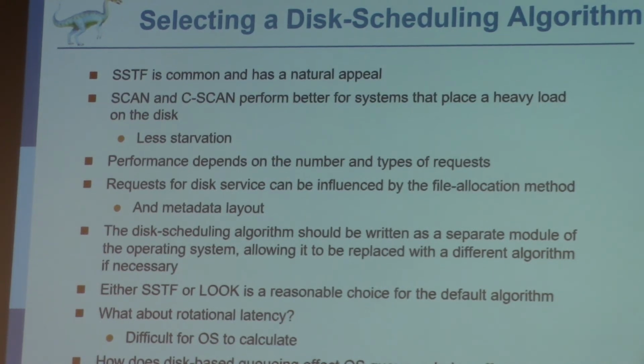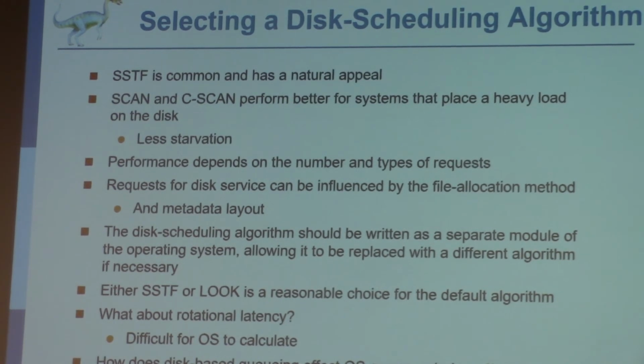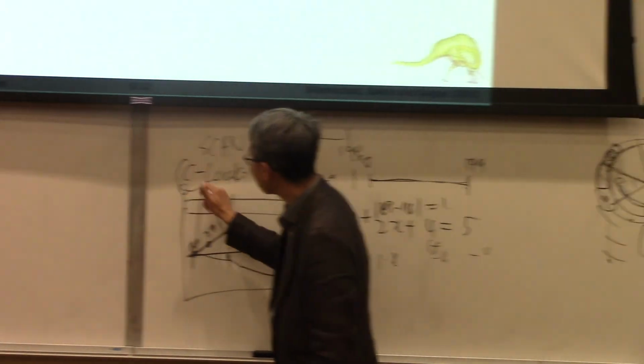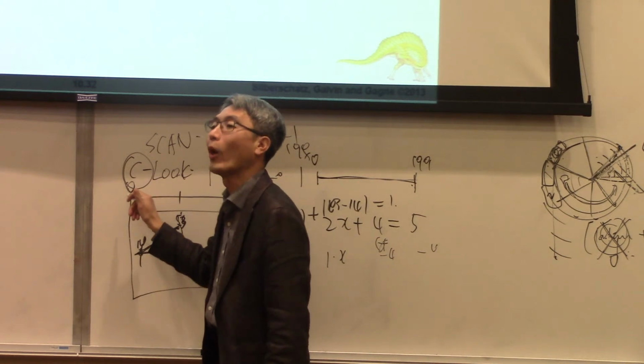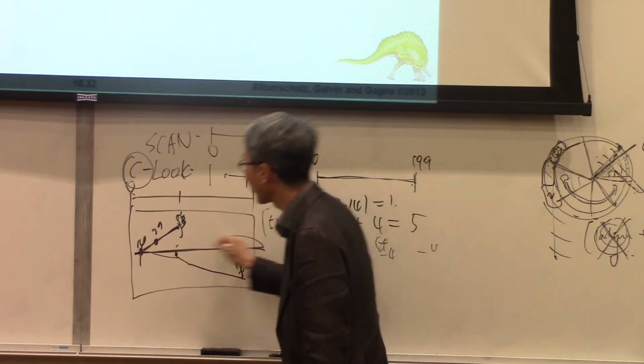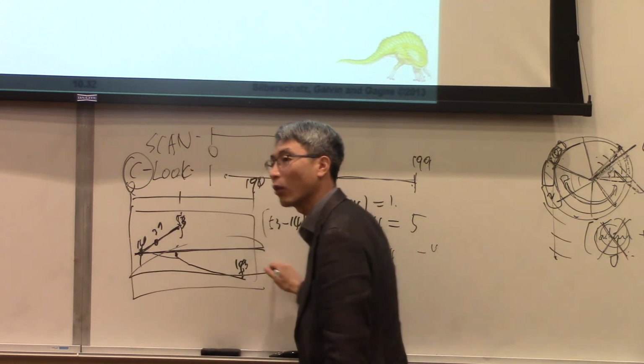Okay? Professor, yes? What is the difference? I didn't understand the difference between C-scan and scan. If you see the C, it means one way. So you read the data only one way, then go back.